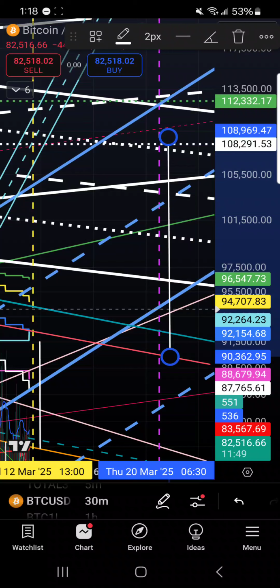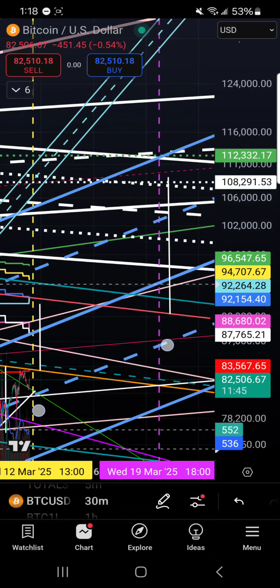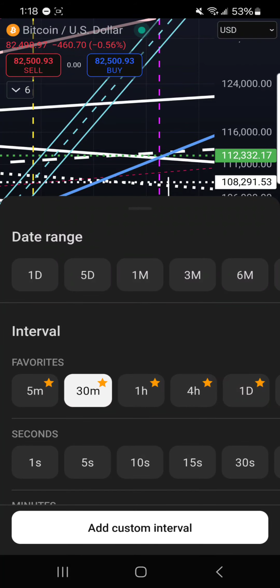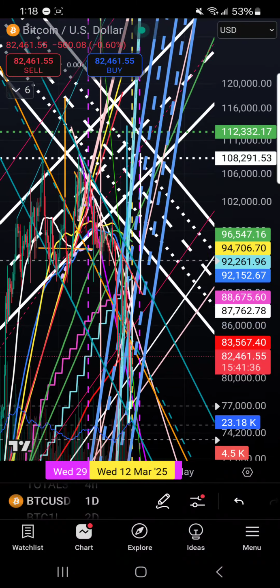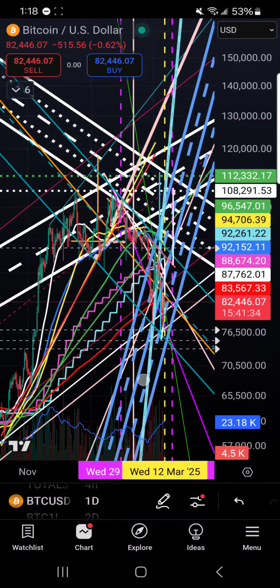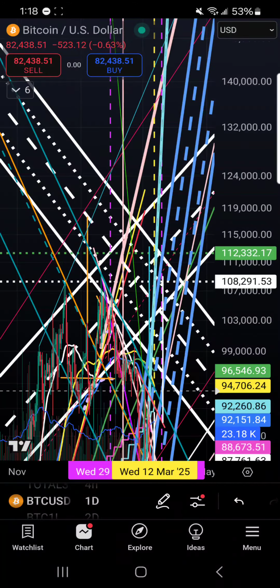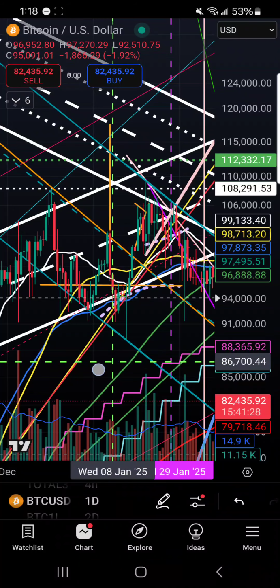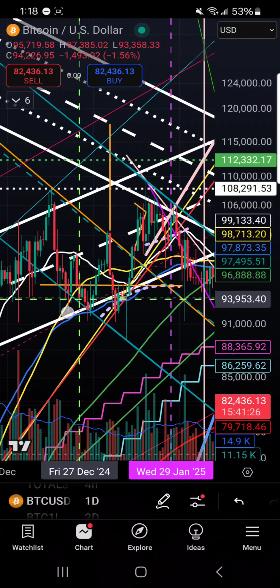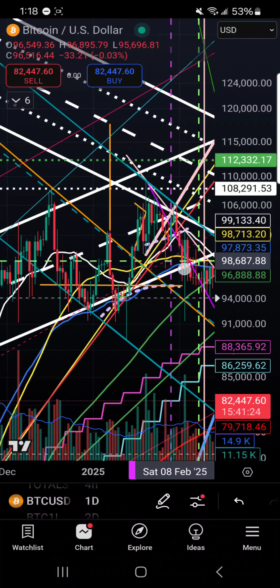So that would be really weird. That gets us to 108. And what would that do? That would form a gigantic head and shoulders. Here's the shoulder, here's the head.